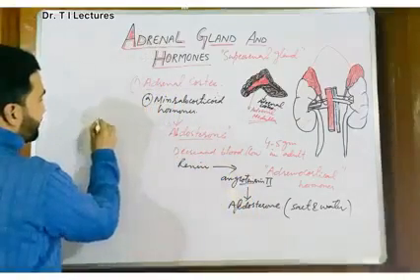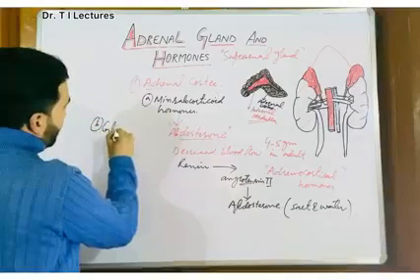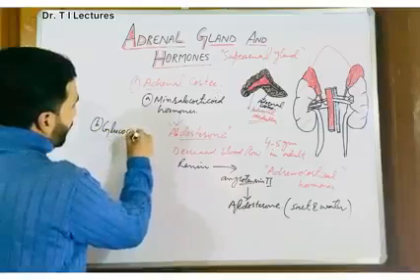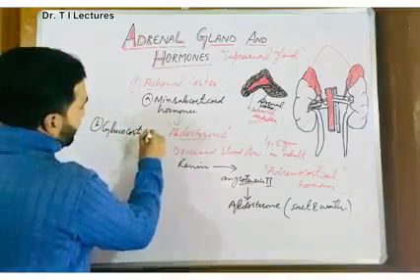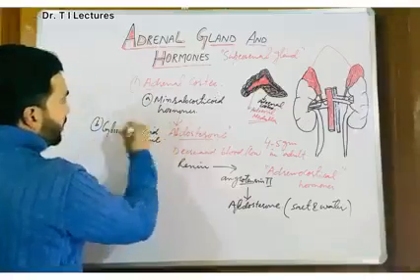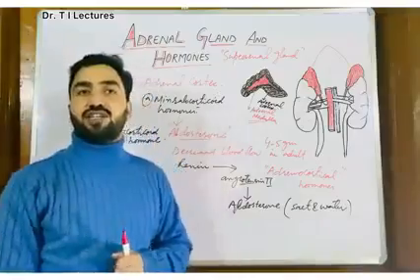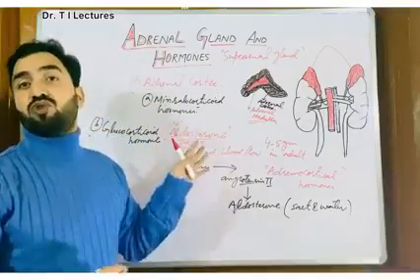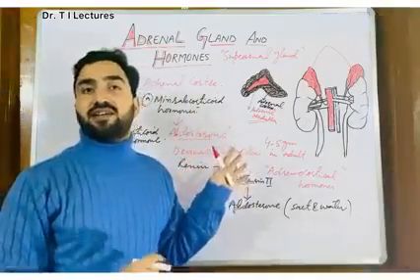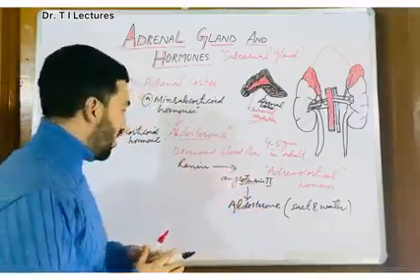That's called the glucocorticoid hormone, right? First was the mineralocorticoid, and second is the glucocorticoid hormone, right? One of the most important glucocorticoids made in the adrenal cortex part of the adrenal gland is cortisol.